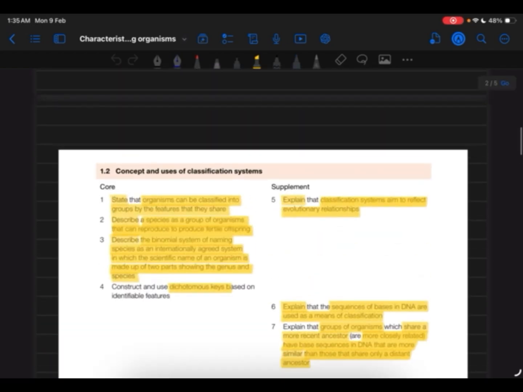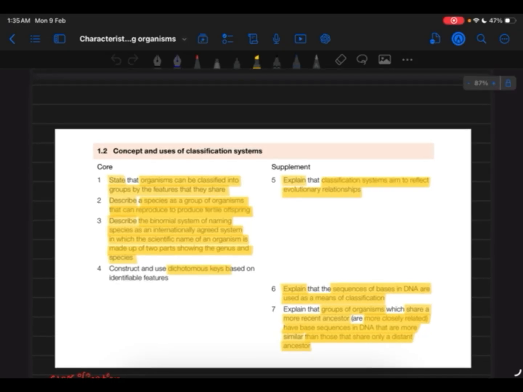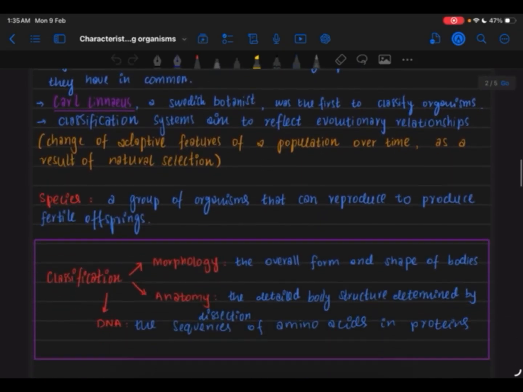Okay, super interesting. Now explain that classification systems aim to reflect evolutionary relationships. For this, again, I would like to give you guys an example. Maybe you guys have heard, maybe you haven't. Around the 19th century, there was large-scale industrialization in England.